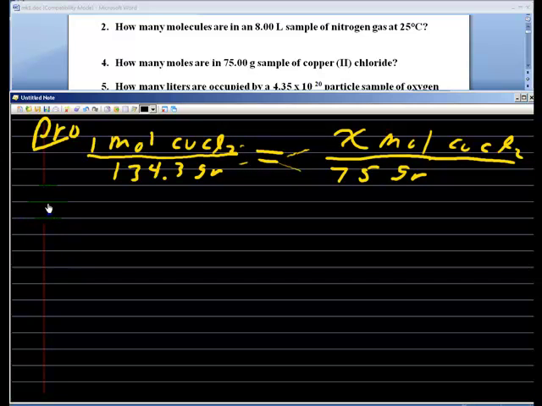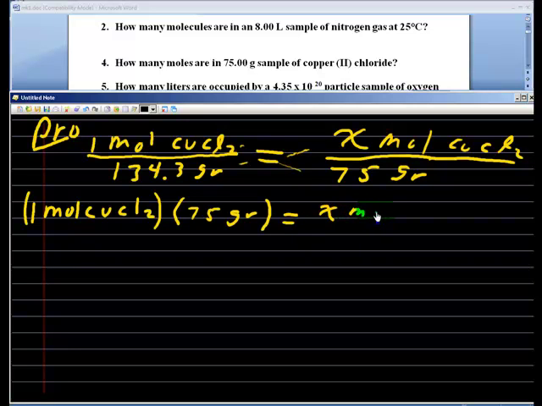We get 1 mole of CuCl2 times 75 grams is going to equal X moles CuCl2 times 134.3 grams.